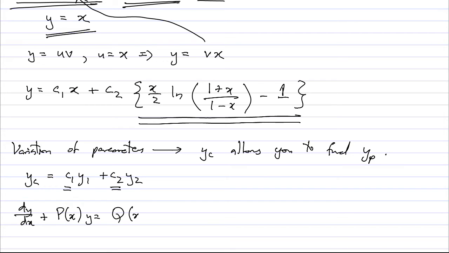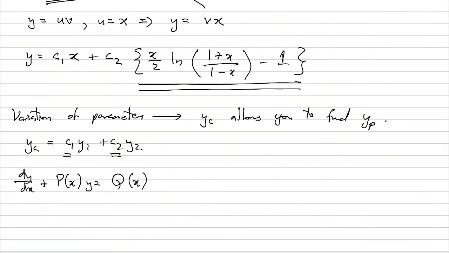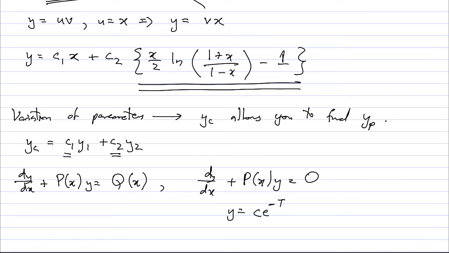We first of all said, let's find the solution for the homogeneous equation. And then we said the solution to this is c e raised to the power minus I, where I is given by the antiderivative of p.